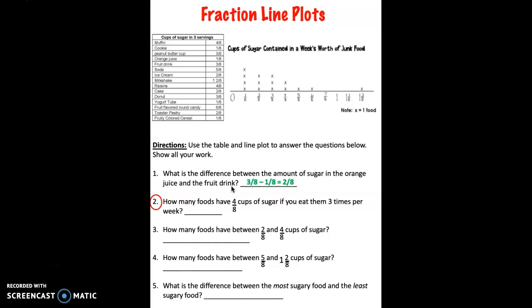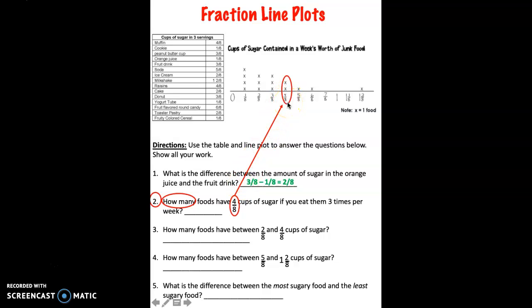Let's look at number 2. How many foods have 4/8 cup of sugar if you eat them 3 times a week? Now remember, 3 times per week is what the whole table is based on. So we need to look at how many foods have 4/8 of a cup of sugar. So I'm going to use my line plot. I'm going to look at 4/8.